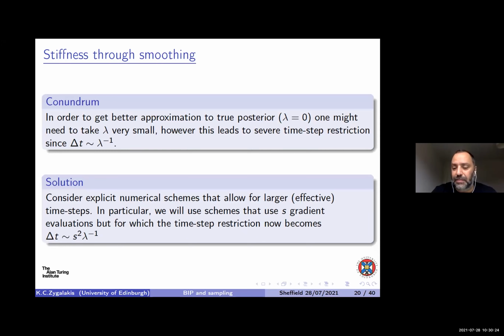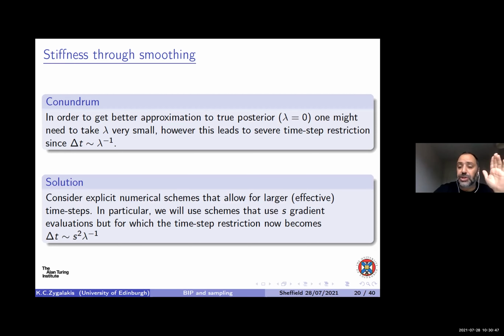The one thing that I want you to keep in mind, and this is really the key property of these methods, is this one here: if I were to use, let's say, the Euler-Maruyama method and do S gradient evaluations and ask what is the largest amount of time that I could have traveled, it would have been S times lambda to the -1.